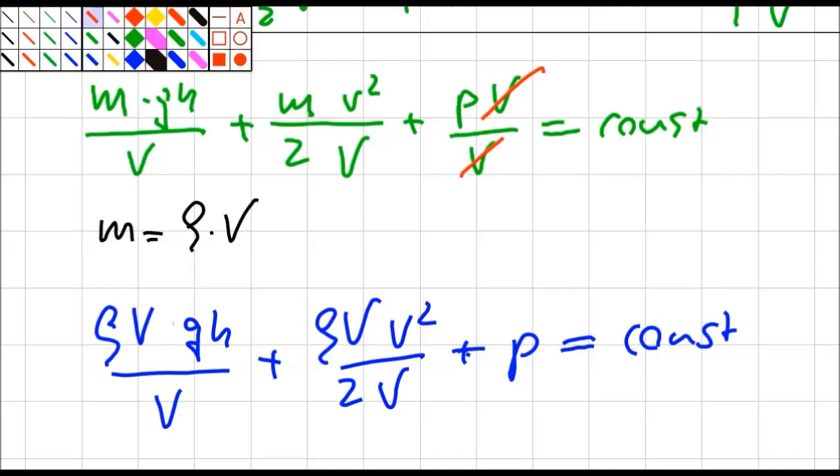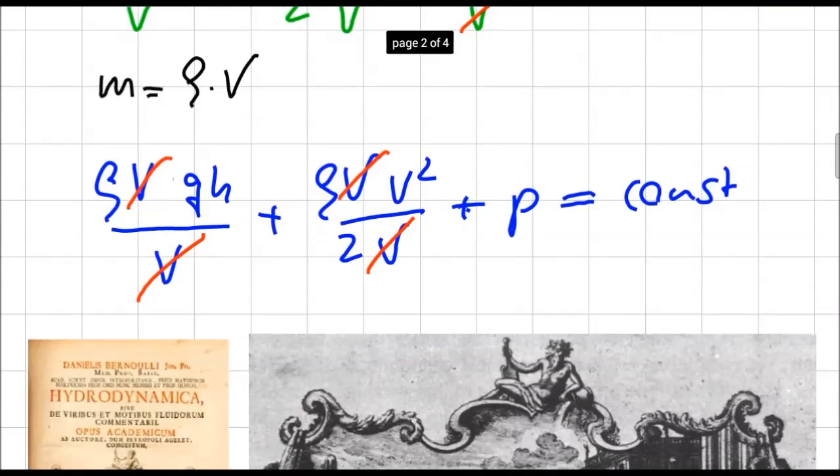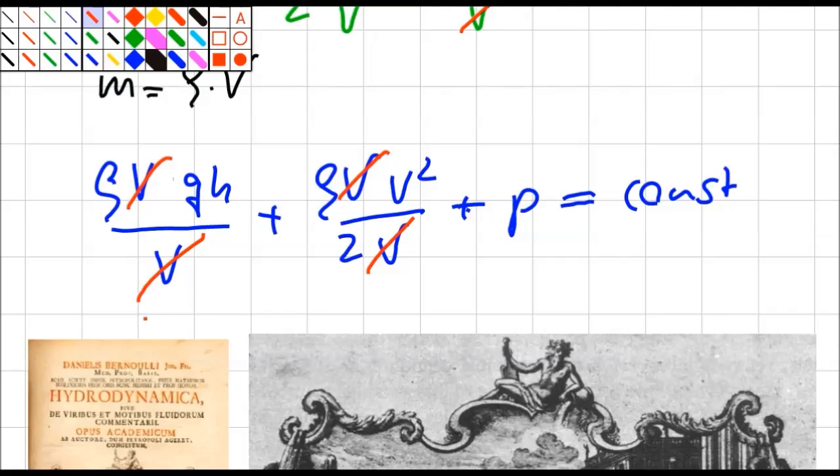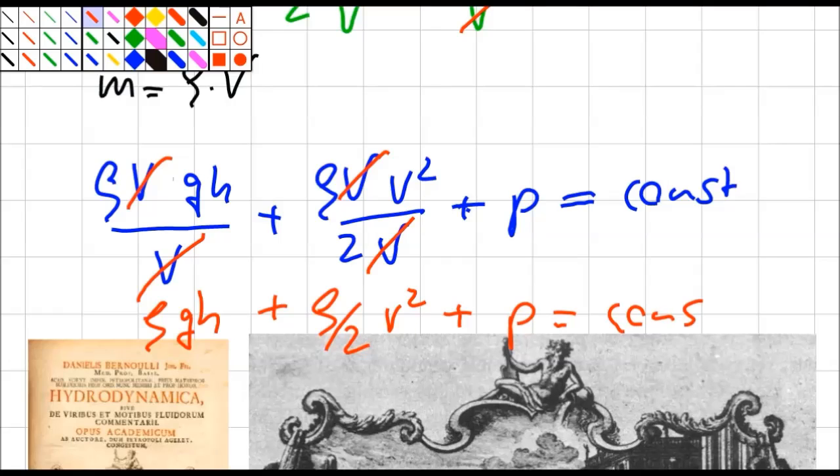Now again we can simplify volume versus volume. This is capital V, this is small v for velocity, and eventually the final version of the Bernoulli equation is rho times g times h plus rho half v square plus p is constant.